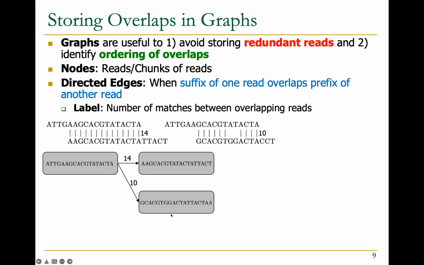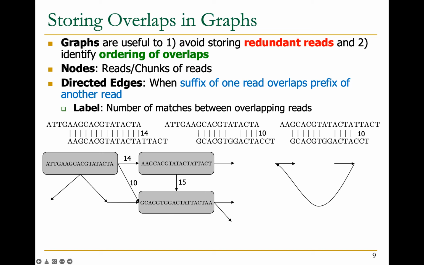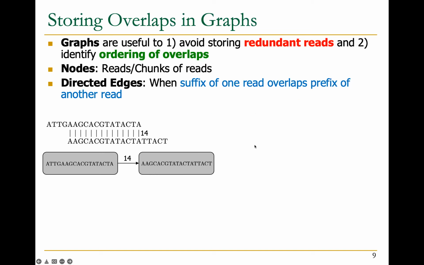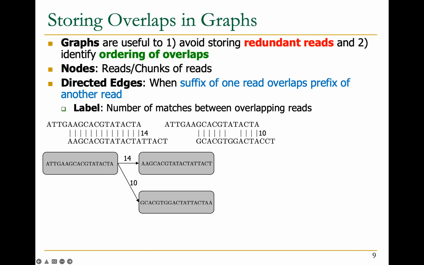So we basically do this for all pairs of reads. For example, in this example, this is the same read, but it overlaps with another one, so we didn't create a separate node. We used the one that already exists, and we just created one more node for this one because it didn't exist in our graph previously.